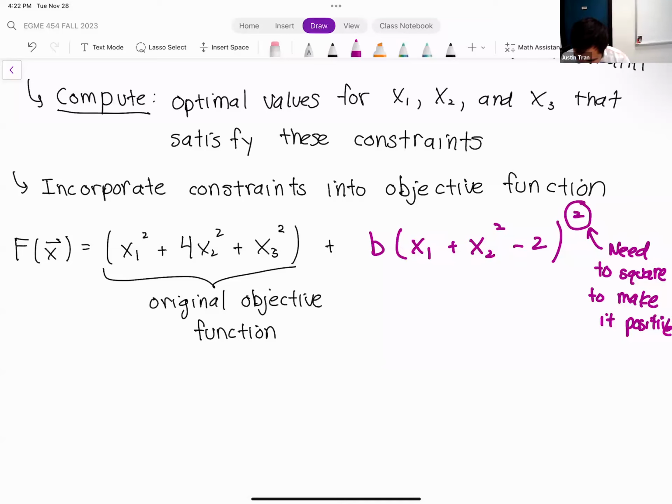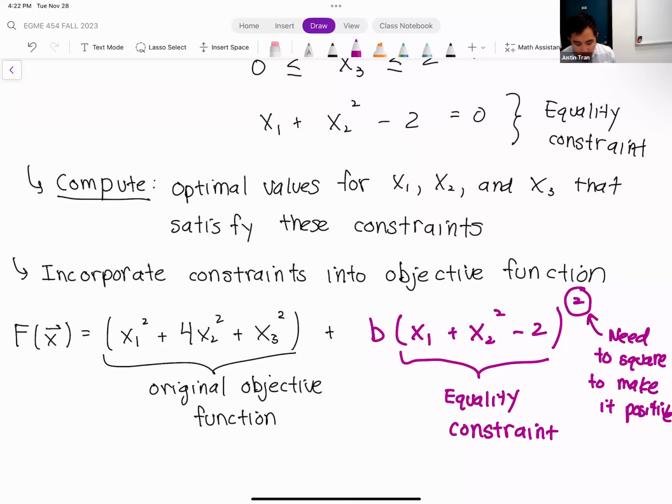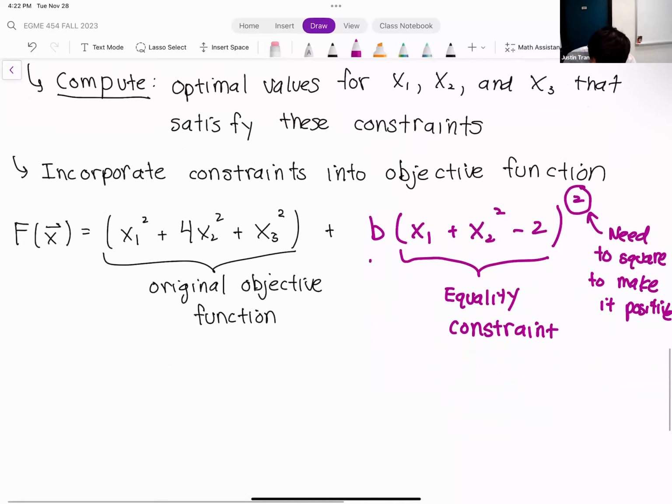Of course, this equation right here in the parentheses is our equality constraint. If you scroll back up to the problem, that was our last expression there: x1 plus x2 squared minus 2 is equal to 0. And of course, we have this b parameter that we just introduced.